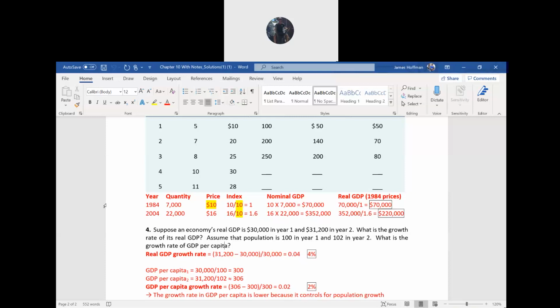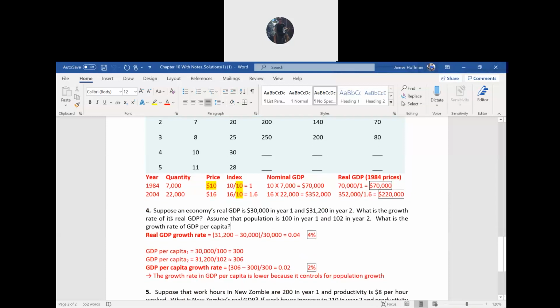All right, so we have 2 questions. The first, let's just calculate the growth rate of real GDP. A percent change or a percent growth is just the change over the original. So this is year 1 and this is year 2. To get the real GDP growth rate, calculate the difference over the original.